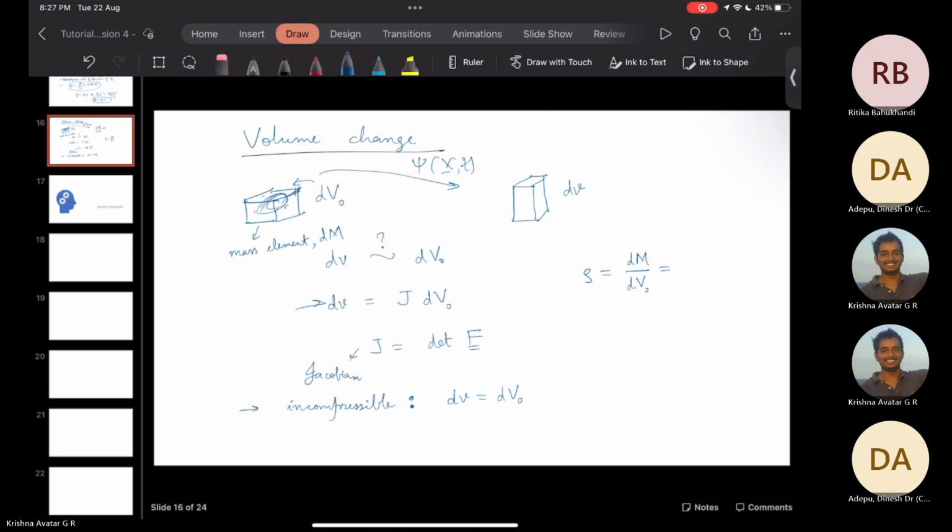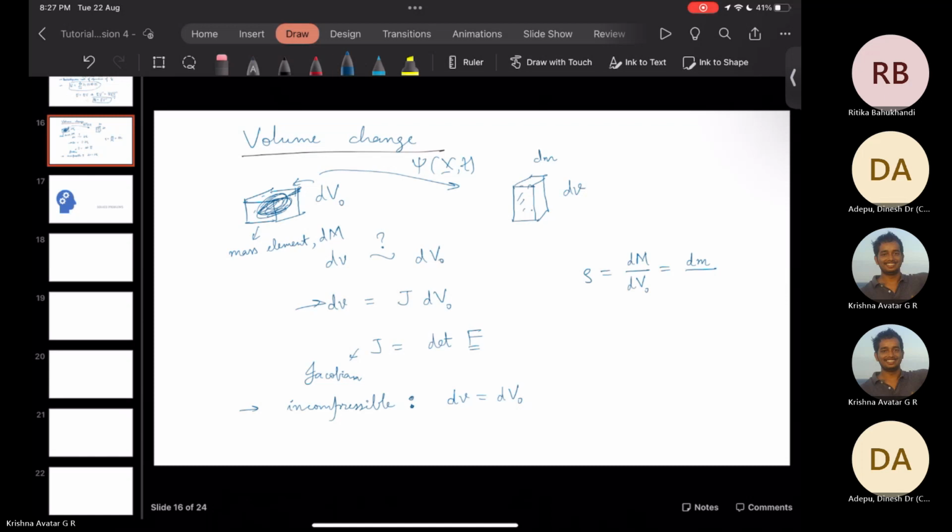Now if the same material element deforms, from the principle of conservation of mass, that mass can neither be created nor destroyed, it implies that the mass in the current configuration will still be the same.